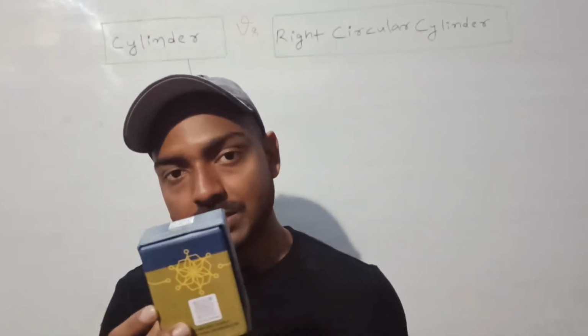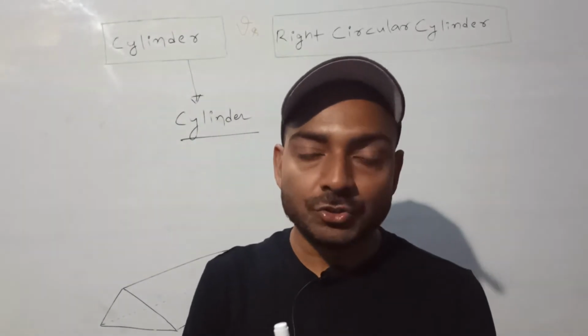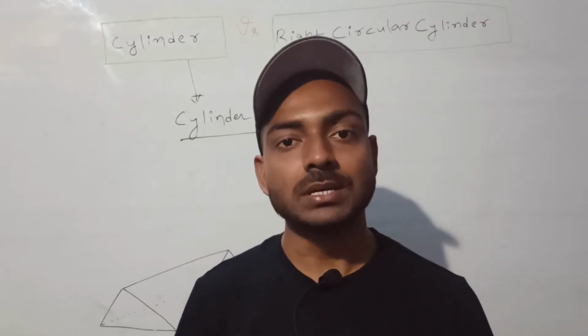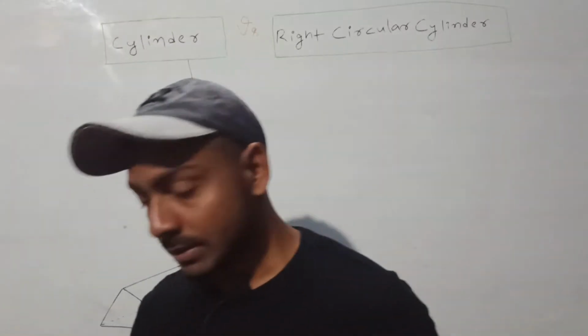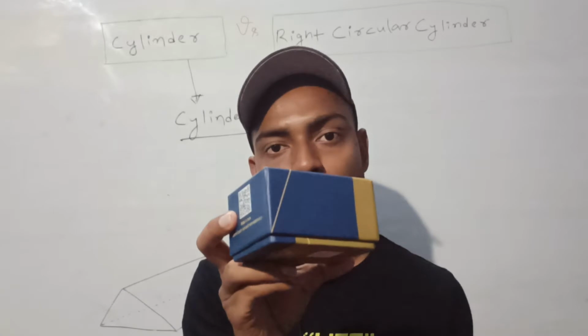So all solids whose cross section is uniform throughout their length fall under the category of a cylinder. That is, this solid is a cylinder, but it has a specific name. We call it a cuboid.